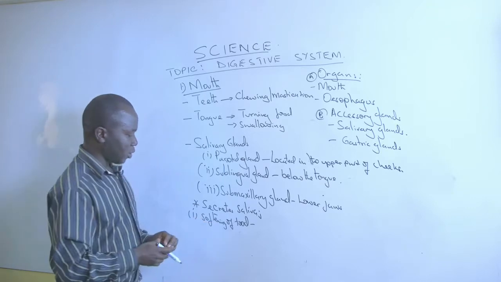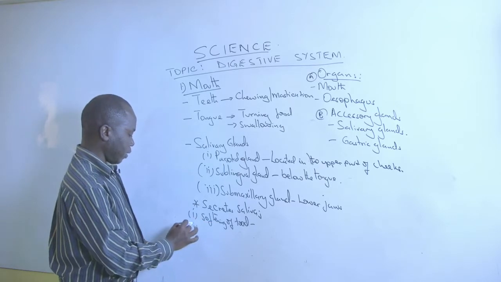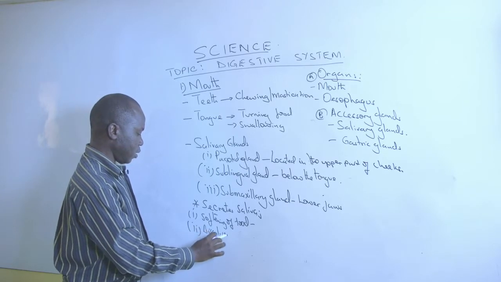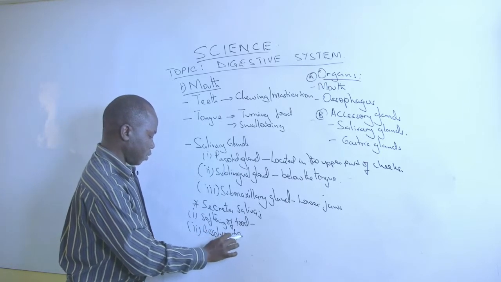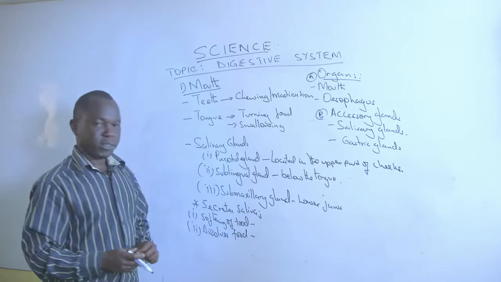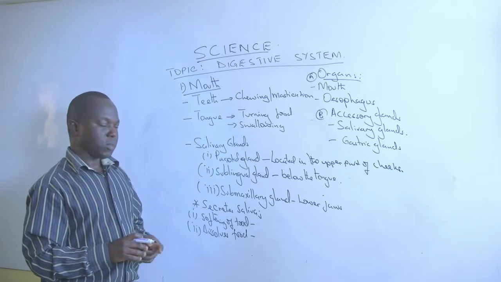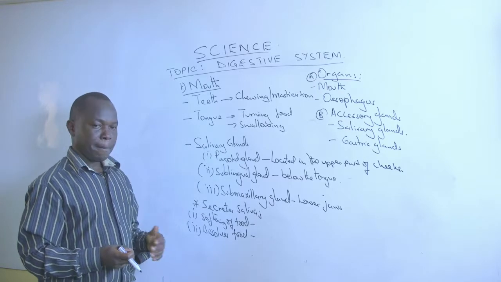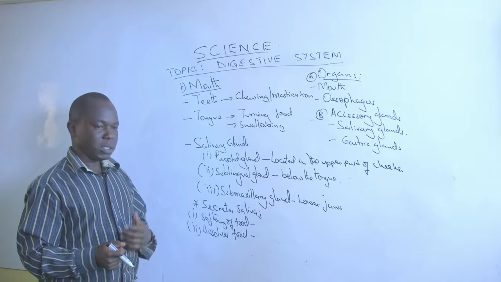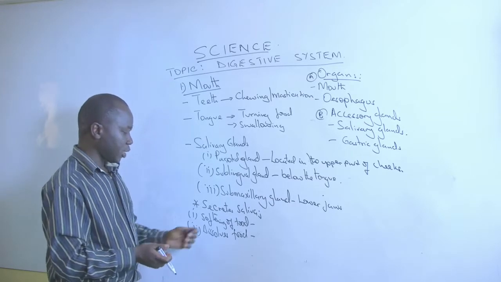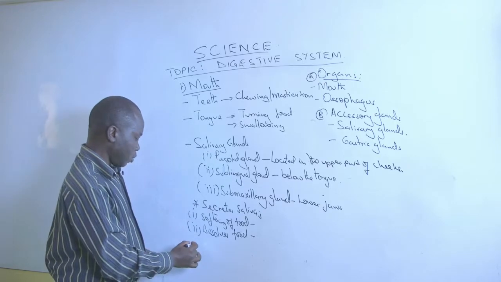So it has to be softened by use of saliva. And then another role, it dissolves food. When you put crystals of sugar into your mouth, they are not going to remain in solid form, but they'll change from solid to dissolved form because saliva contains water.